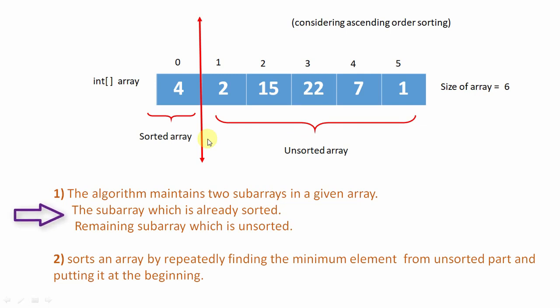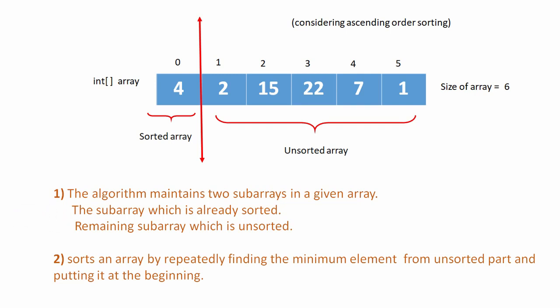Okay, so there are two points you have to keep in your mind. The algorithm maintains two subarrays in a given array. With the array which is unsorted, in the very beginning we have to assume this array in two parts. The first part is sorted and we will assume the remaining part is the unsorted array.